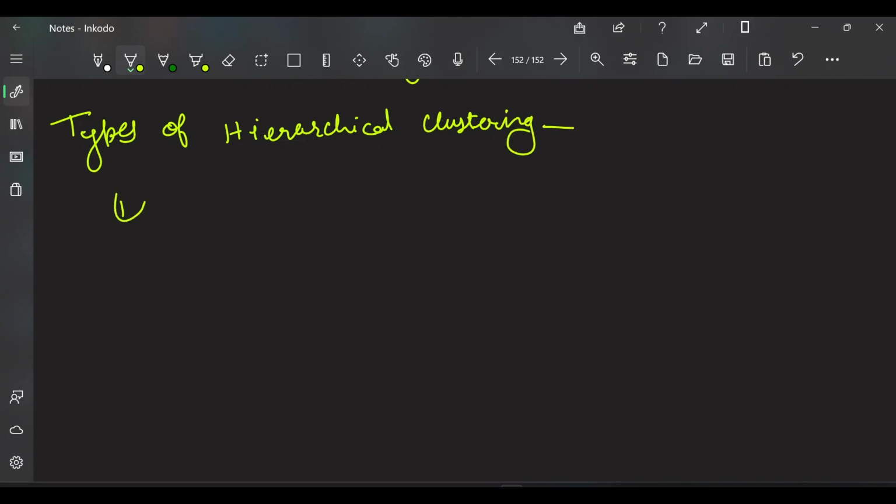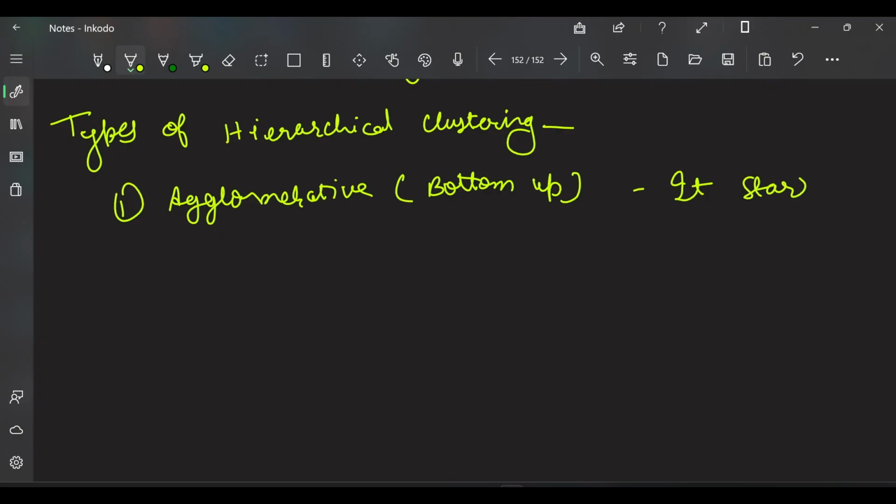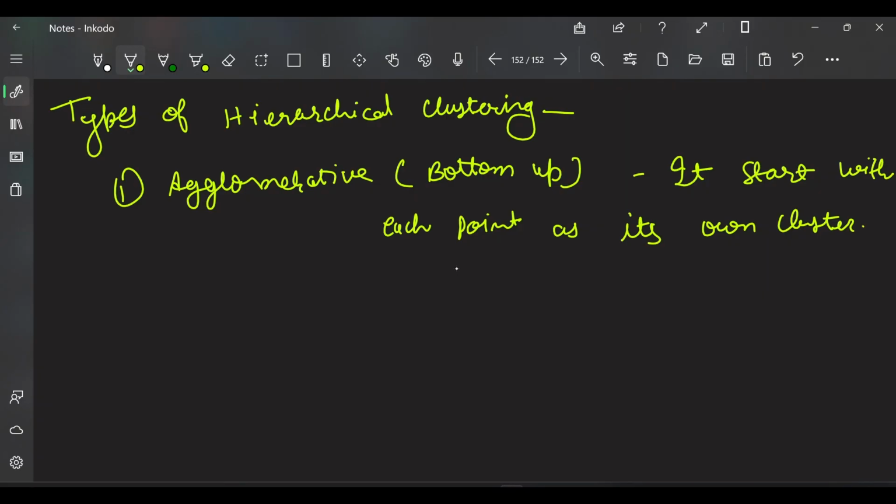The first type is agglomerative, which is nothing but the bottom-up approach. It starts with each point as its own cluster. Basically, we are merging them.